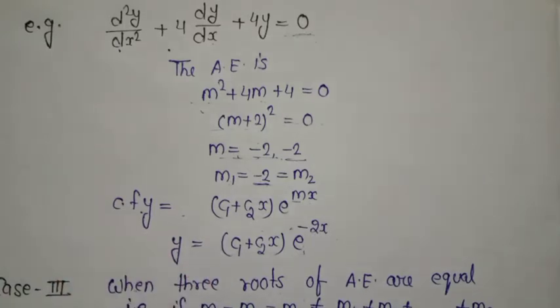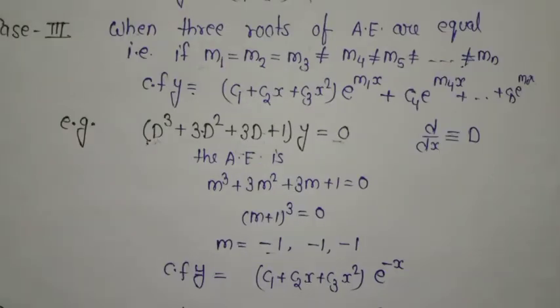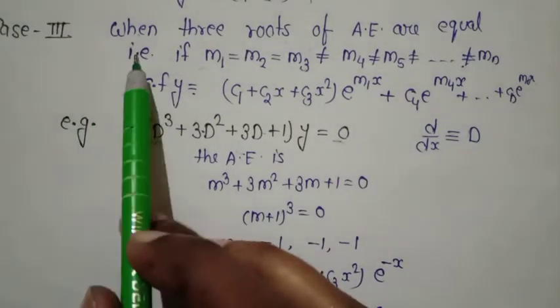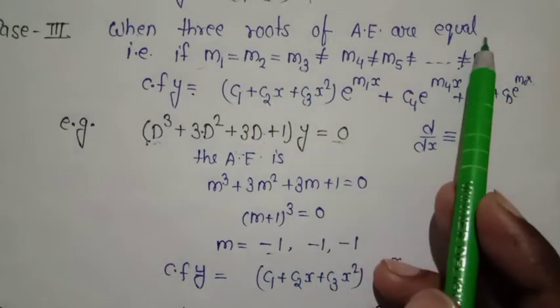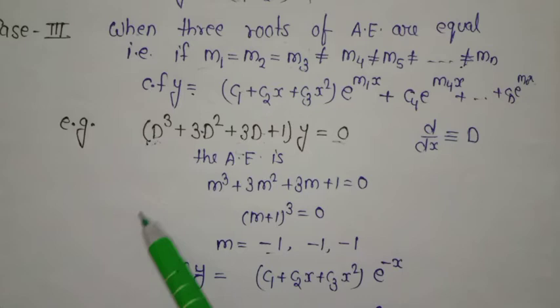Now I am going to take case number 3, in which three roots are equal. That is, we see the case when three roots are equal in the auxiliary equation of a differential equation, and how to find the CF for that differential equation.